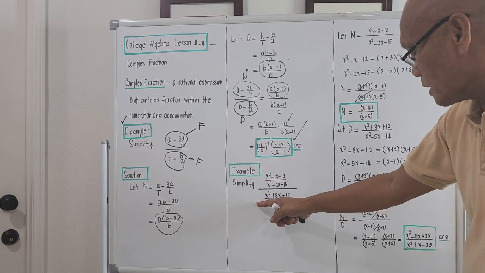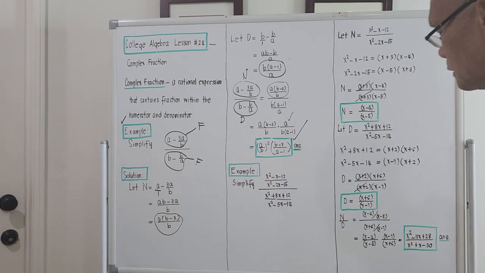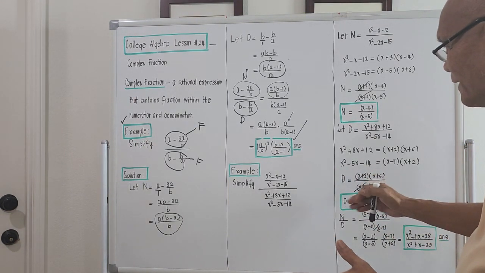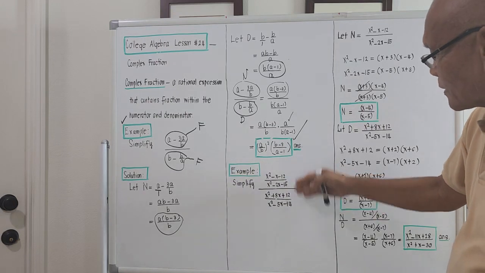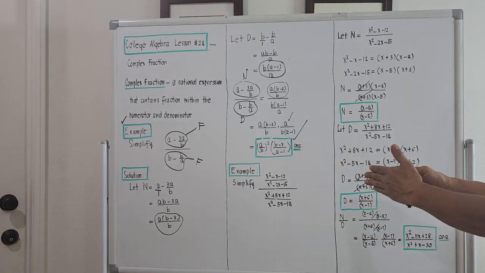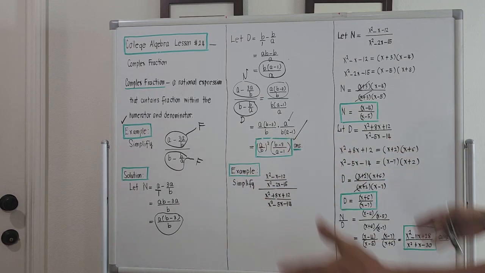It will be x squared plus 8x plus 12 over x squared minus 5x minus 14. Because if you try to simplify this one immediately, since these are all quadratics, your horizontal writing will be very long, you know. You're consuming the total width of your writing paper or the blackboard maybe.